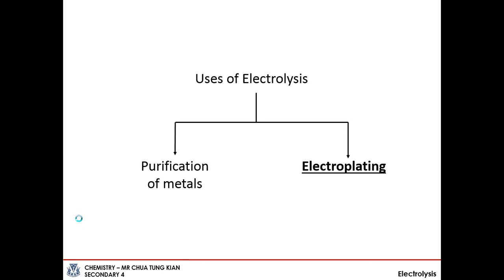Most of the time they use copper because copper is quite cheap. And because copper doesn't really look appealing, the color is not really that nice, they electroplate it with a layer of chromium to make it look nice and presentable and attractive so they can sell it for more money. So how does electroplating work?